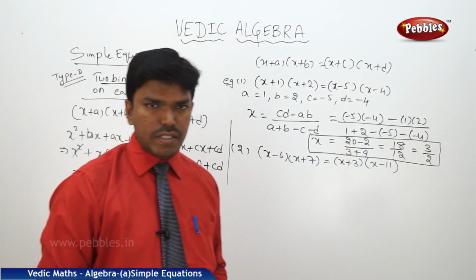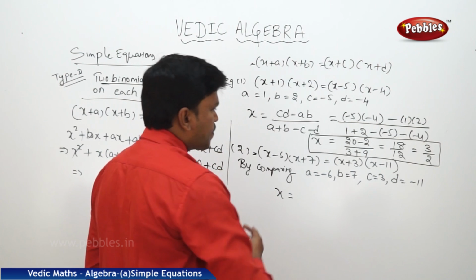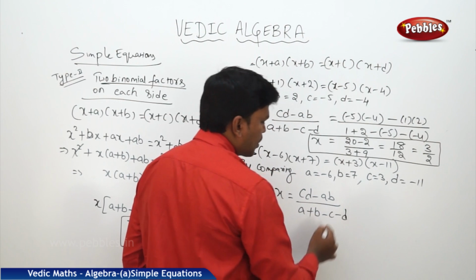You do one thing, simply take a pass and solve this equation. After removing a pass, compare or check the standard form, AB by A plus B minus C minus D. So what is CD minus AB here?